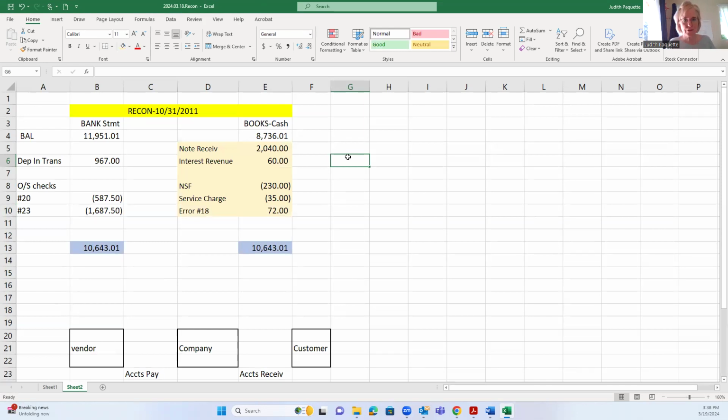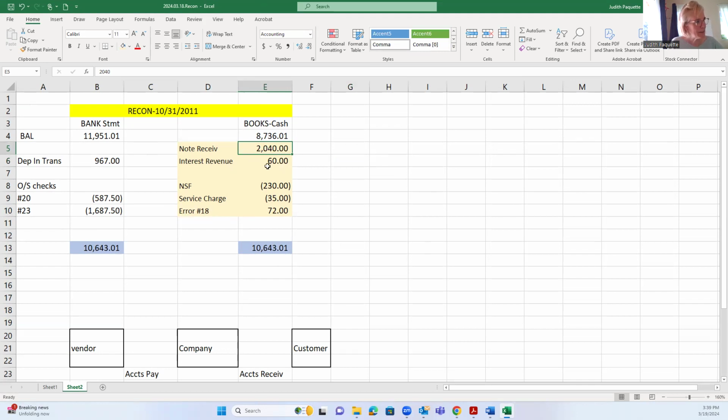We don't make correcting journal entries for deposits in transit or outstanding checks because there's no correction to be made. They're already recorded on the books. So these 5 items were not recorded on the books, or in the case of an error, the error has to be fixed.